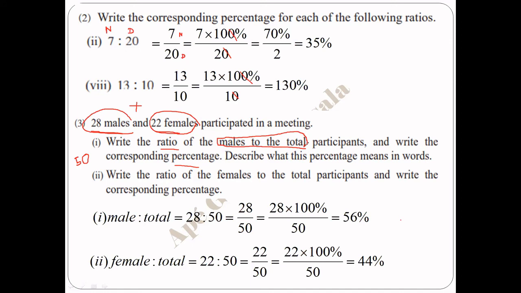So males 28, total is 50. You can write the ratio this way: 28 to 50.